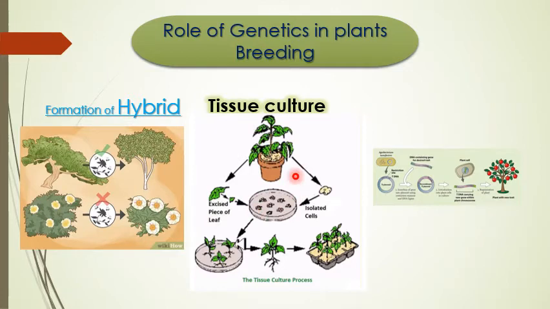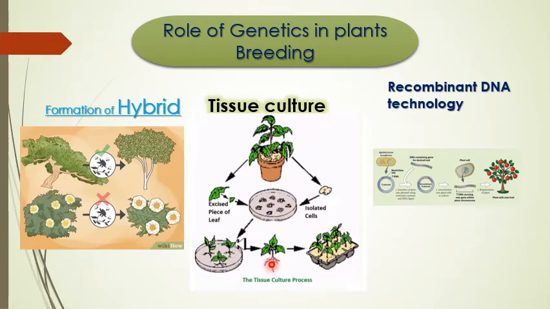Tissue culture means making a plant. Suppose we take a plant and extract a piece of leaf, and next take a seed or germ cell from another plant, and combine the leaf and that other seed, provide isolated cells and give a medium condition to grow a plant.